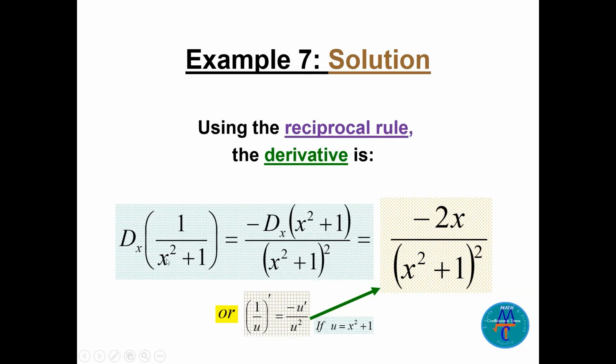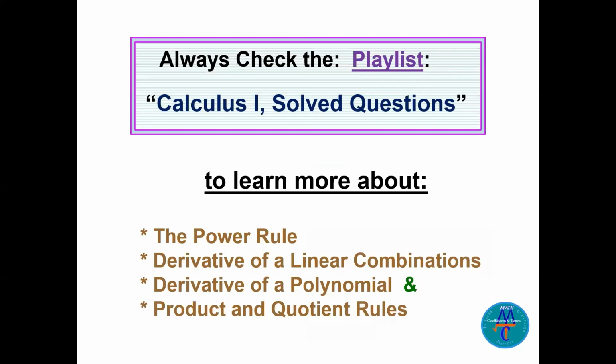So this is 1 over u, and u is x squared plus 1. Minus u prime, so minus 2x, because the derivative of 1 is 0. So that's minus 2x divided by all this squared. That's the answer here. You can do it directly, or you can use this formula (1 over u) prime.